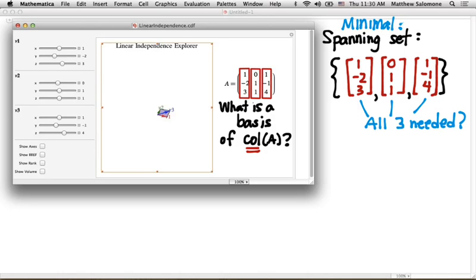So we can replace this word minimal here with linearly independent, because that's a concept we can get our heads around. And to think of our basis, think of any basis, as exactly being a linearly independent spanning set. But they're linearly dependent. Well, that's just it. This example is linearly dependent. So this is not a basis yet.